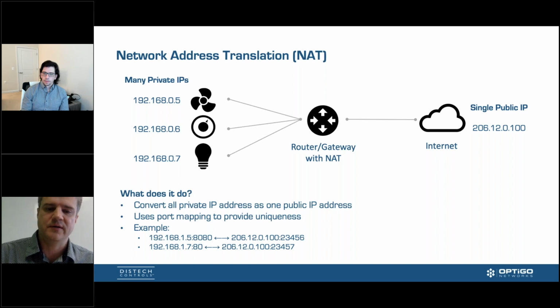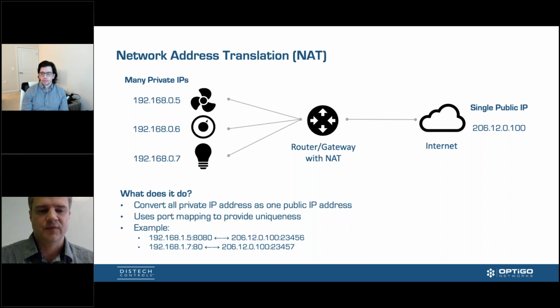However, what we've done on the NAT service on the router is we've created a mapping between those private IP addresses and a single internet routable IP address. In this case, 206.12.0.1. So that's what everything within this network appears to be when it sends packets out to the internet itself.